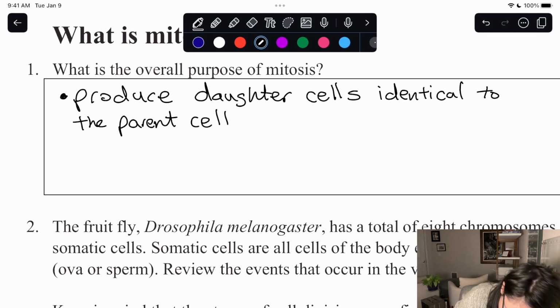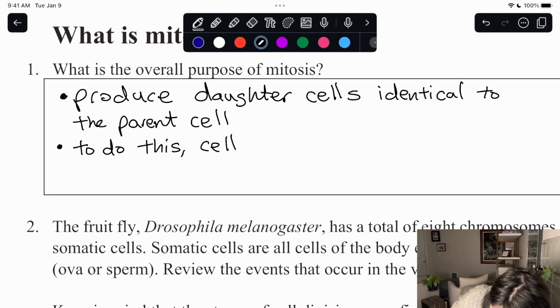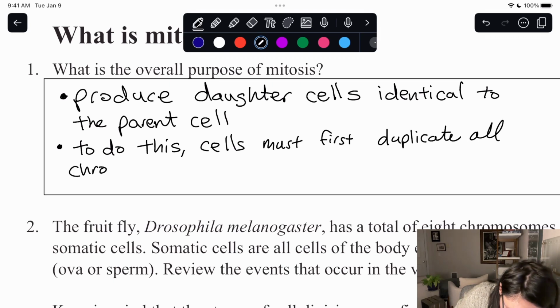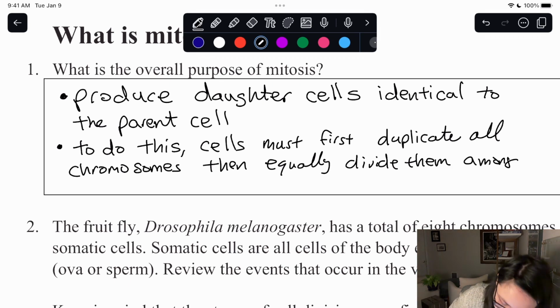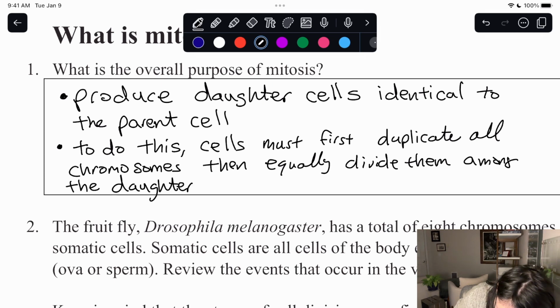And another bullet point: to do this, cells must first duplicate all chromosomes, then equally divide them among the daughter cells.